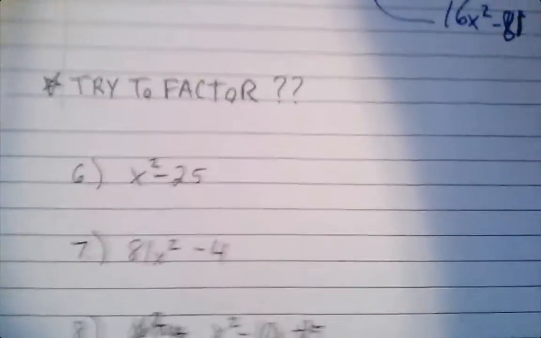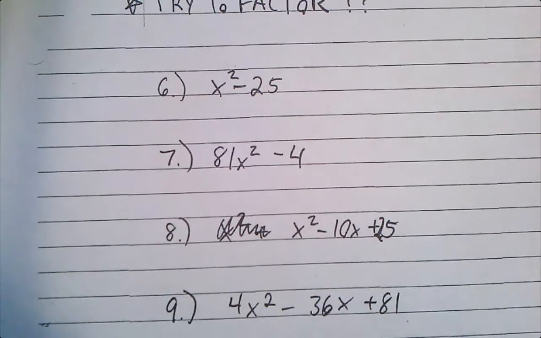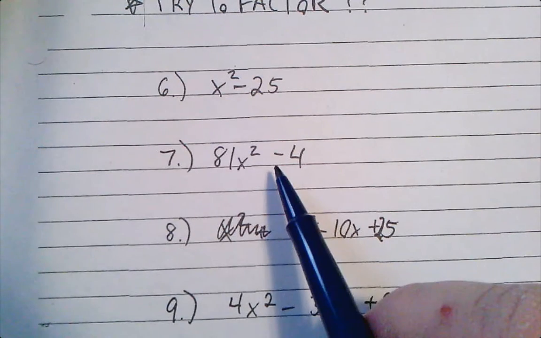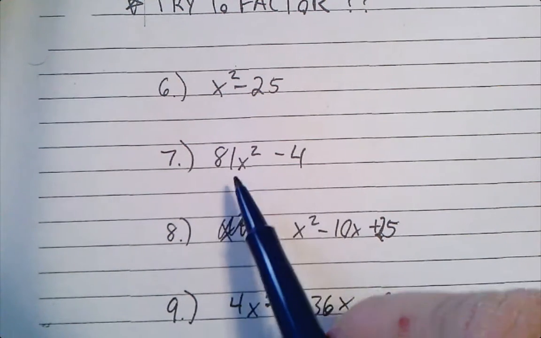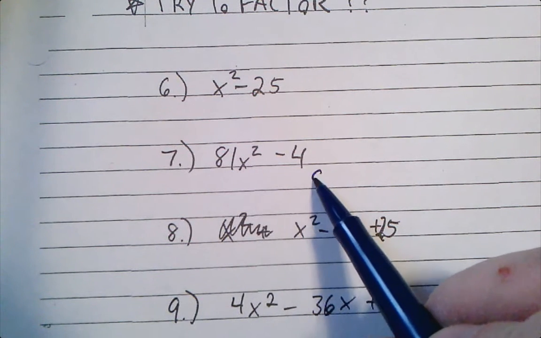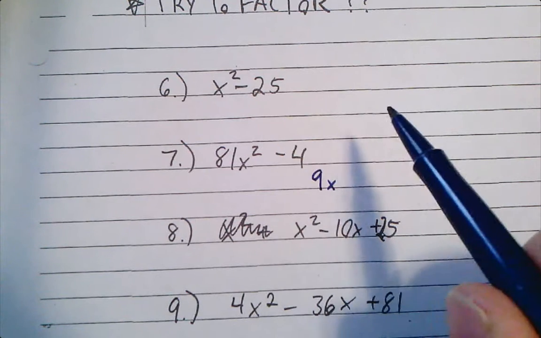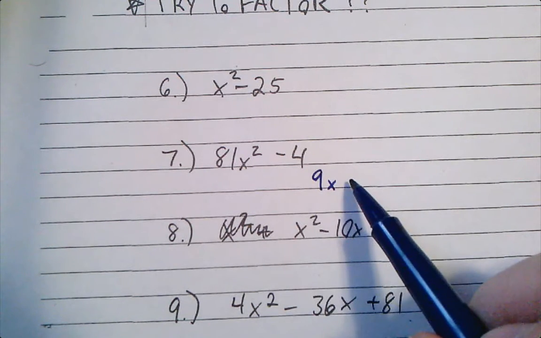For example, if I did number 7, I know this will work because this is subtraction. The square root of 81x squared is just 9x, and the square root of 4 is 2.